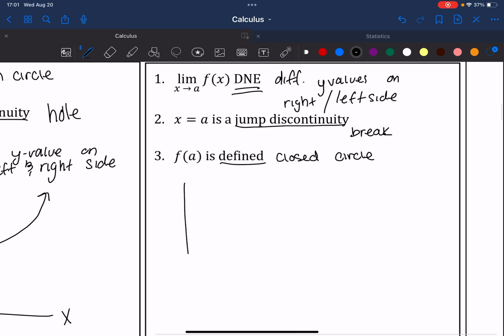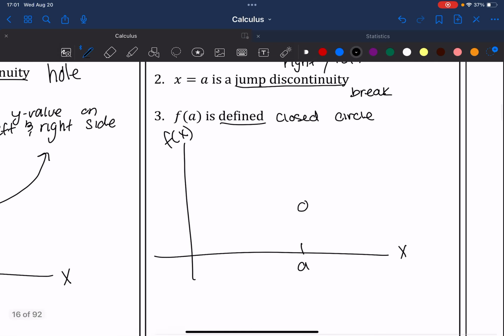So drawing that out, I know I have some value a where there is a jump discontinuity. So I have like an open circle somewhere and then a closed circle somewhere. And then I know that since this is a limit that does not exist, they're going to go in different directions.